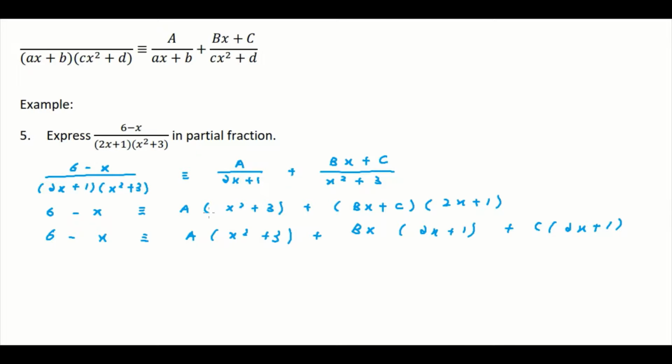All right, let's see whether I can make b and c become 0. Yes, because they have the same common factor here, which is 2x plus 1.